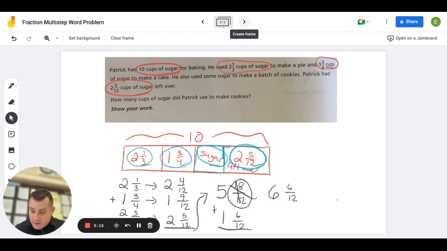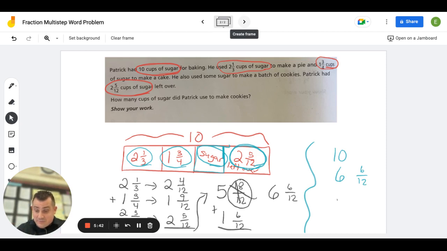So now if we go back to our bar model, the first box, the second box, and the third box equaled 6 and 6/12. So to find out how much is left in that sugar, I'm going to do the work over here. 10 wholes, subtract the 6 and 6/12.